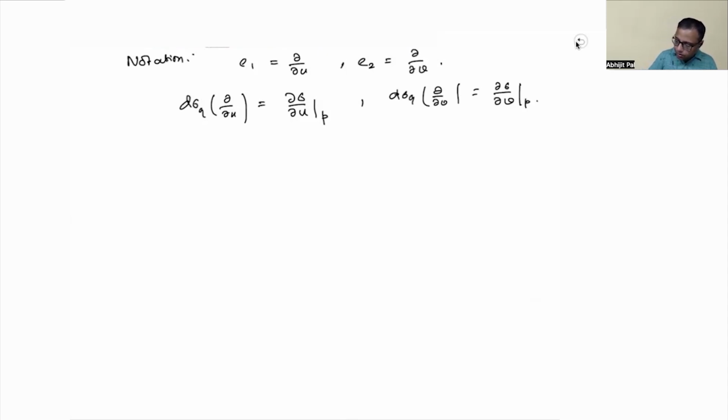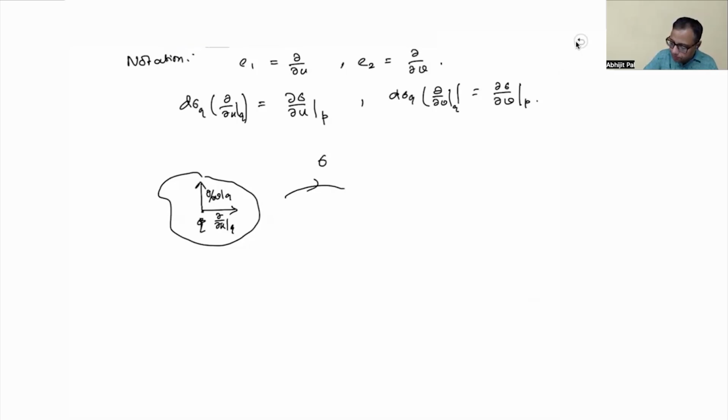Okay, so now what we have, if I draw the picture again, this is my point Q, and I have this tangent vector del del U at the point Q, and another orthogonal tangent vector del del V at the point Q. And this map sigma is there.